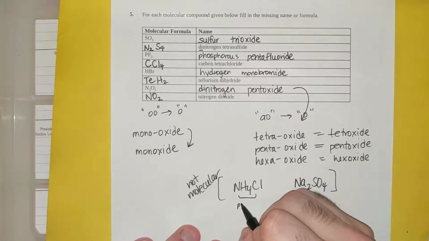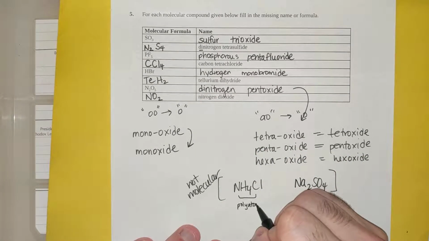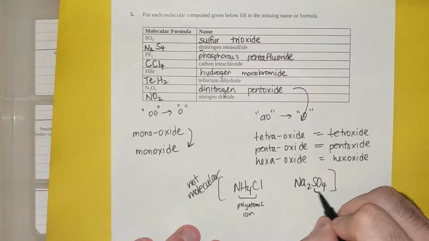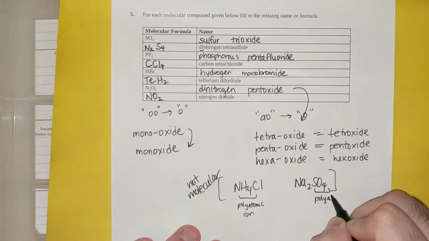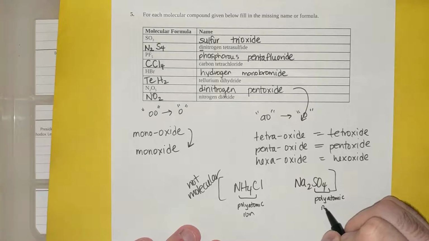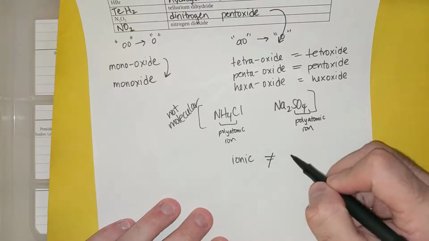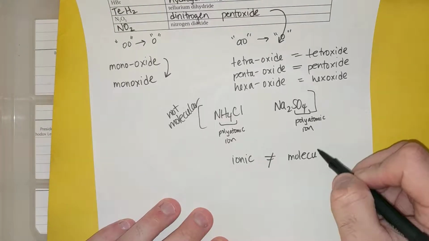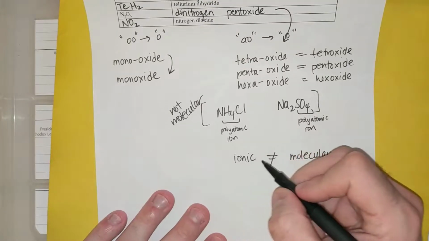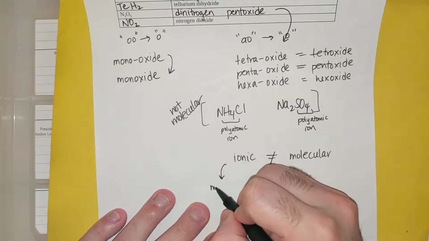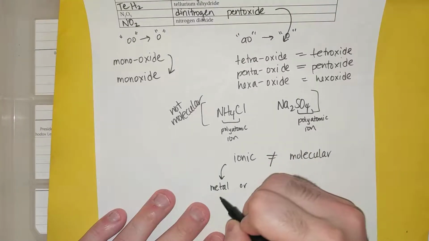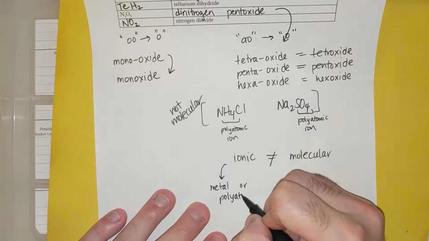This actually contains a polyatomic ion. This has a polyatomic ion. Okay? And ionic is not equal to molecular. Not equal to molecular. Okay? And ionic will have anything with like a metal or polyatomic ion.